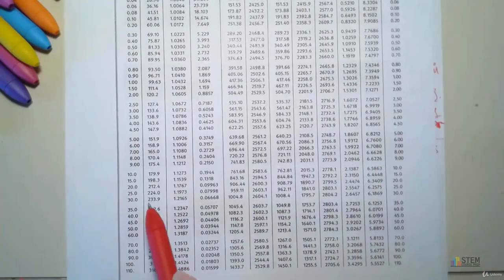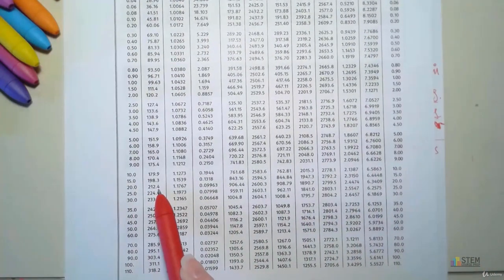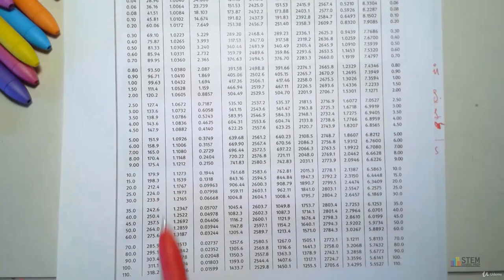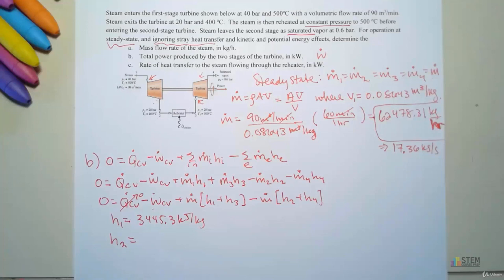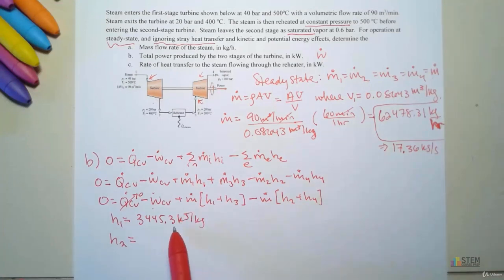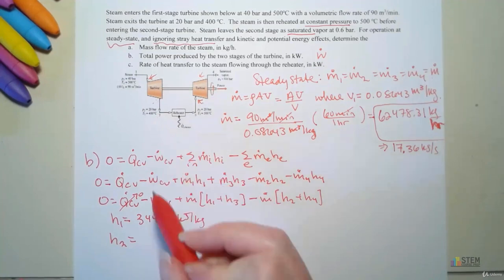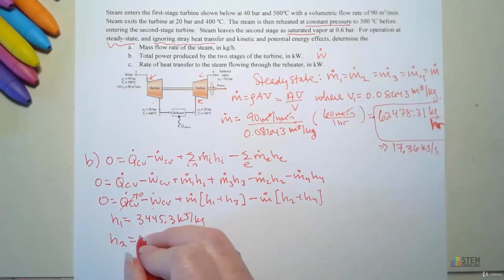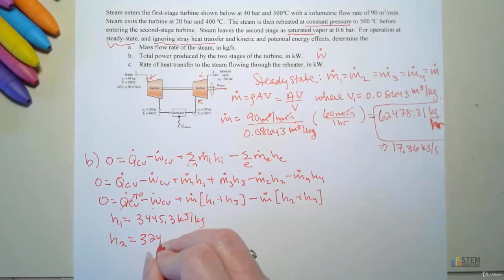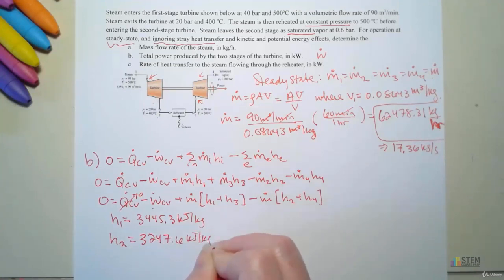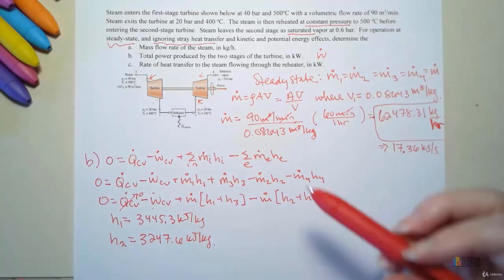Our pressure is now 20. The saturation temperature is 212.4. Our temperature is 400, so we are well above this, so we've got to be superheated vapor. Right. So you're going to go to the same table you used for H1, and then look up this new combination of pressure and temperature, and your H value then will be 3247.6 kilojoules per kilogram.